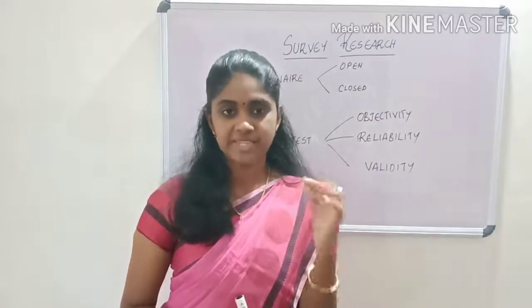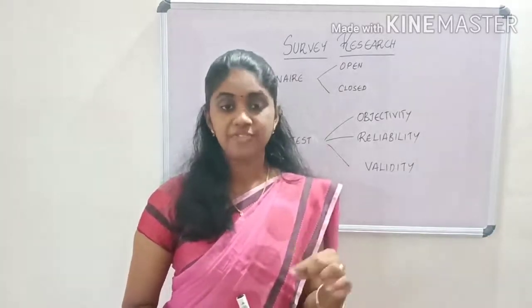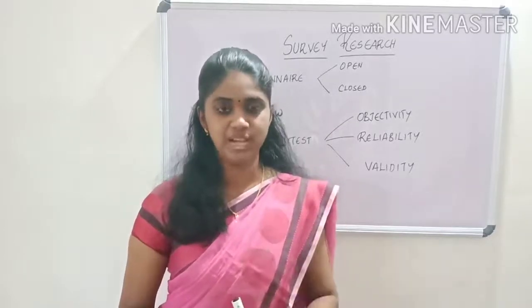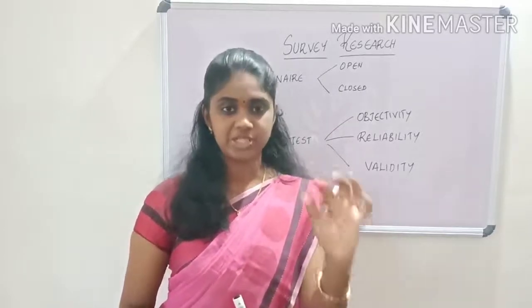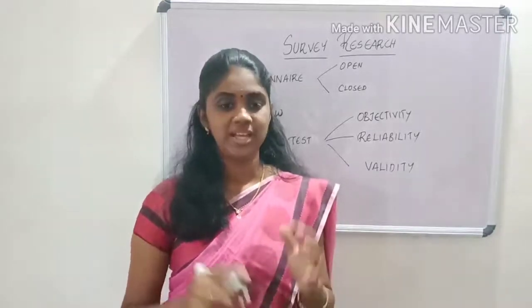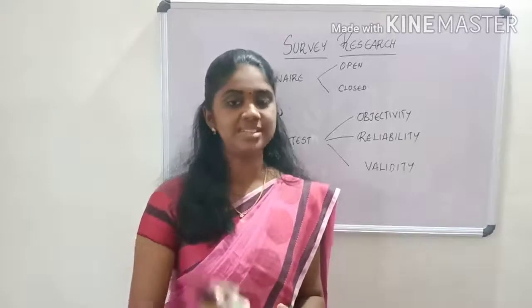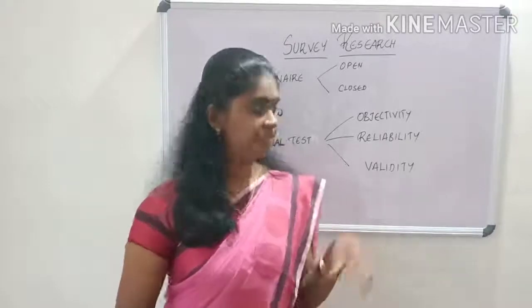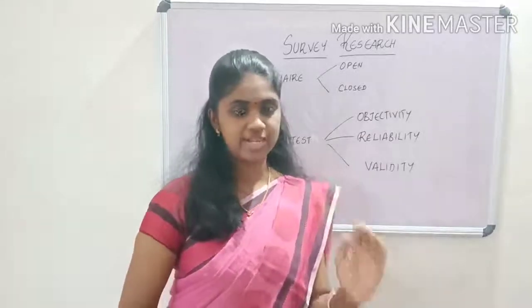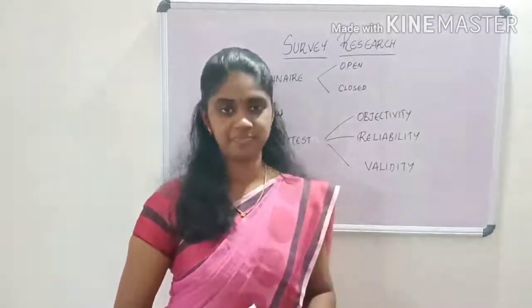Instead of assessing the personality of an individual, if Eysenck's personality questionnaire assesses the intelligence of the individual, we can say that particular test is not valid. So the test should measure what it claims to measure. So if these three concepts come, then we can say the psychological test is standardized.